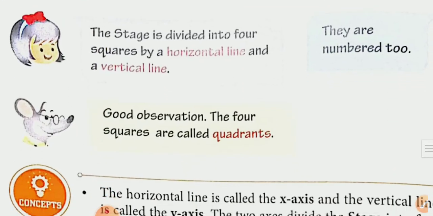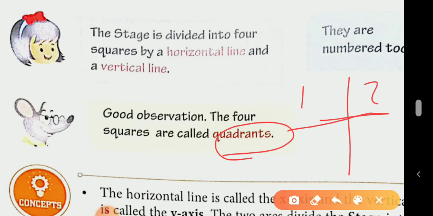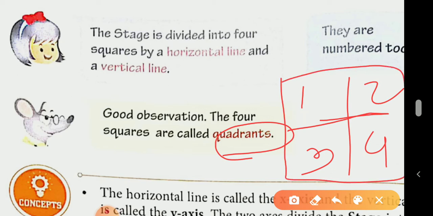The four squares are called quadrants. The four squares, 1, 2, 3 and 4, in your stage of the Scratch program are called quadrants.